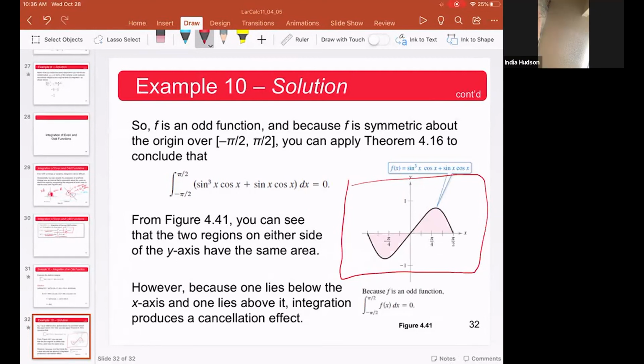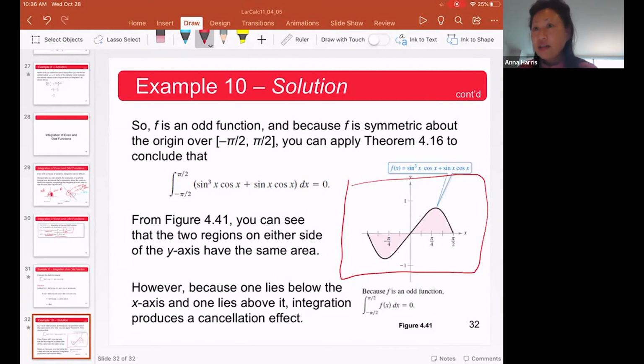It's odd. Exactly, it's an odd function because your negative area is exactly the same as the positive area. When I say positive area, I mean above the x-axis is a positive area. Below the x-axis is negative area.